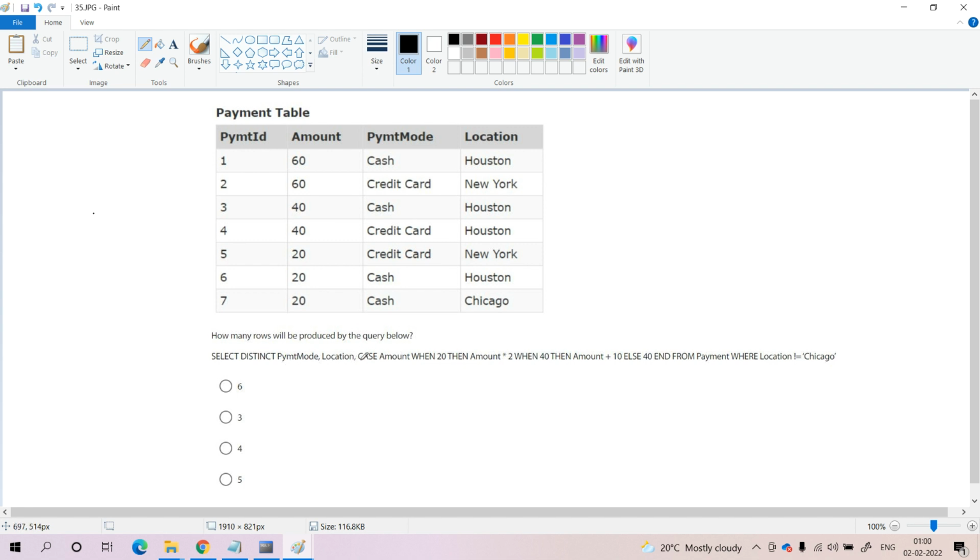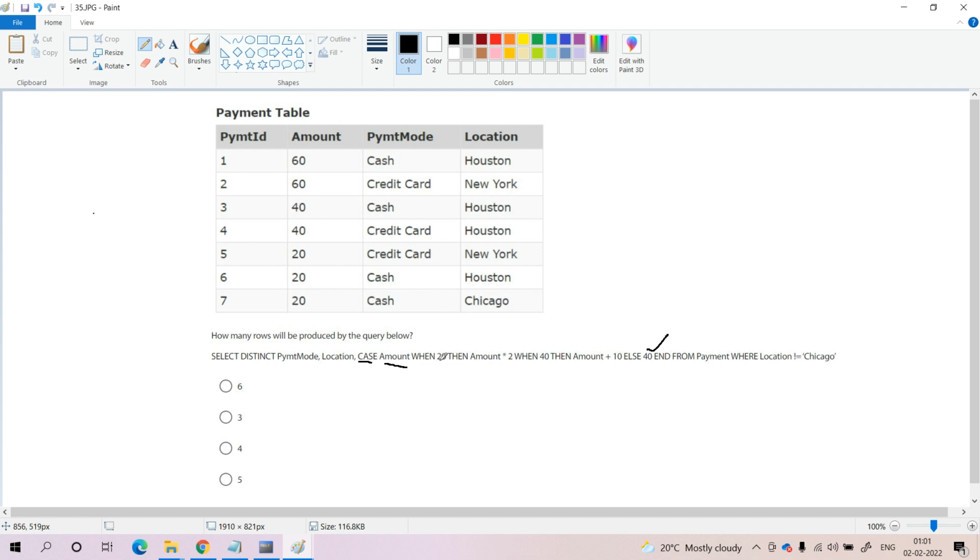location. And here with the help of case, the case is with respect to the given amount. When the amount is 20, then we need to multiply it with 2. When the amount is 40, then we need to add 10 to the available amount, else we need to take the amount as 40.